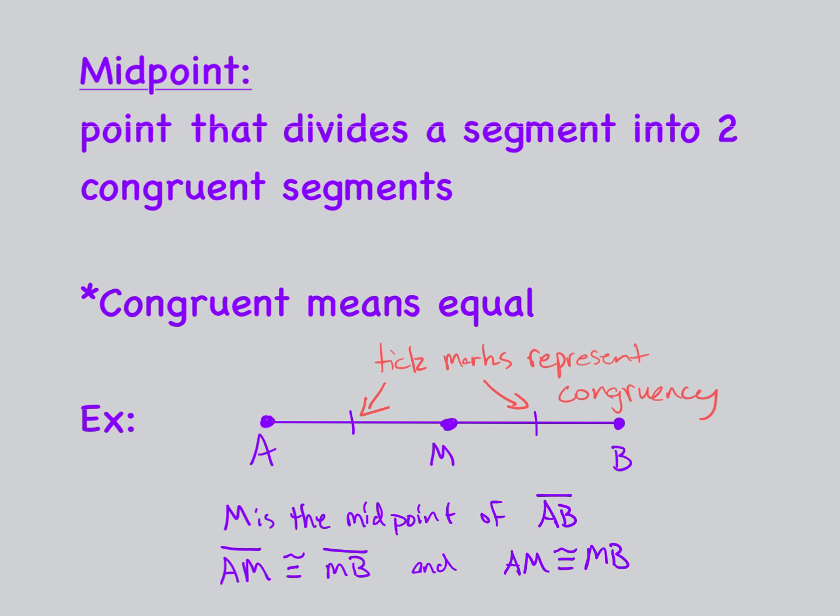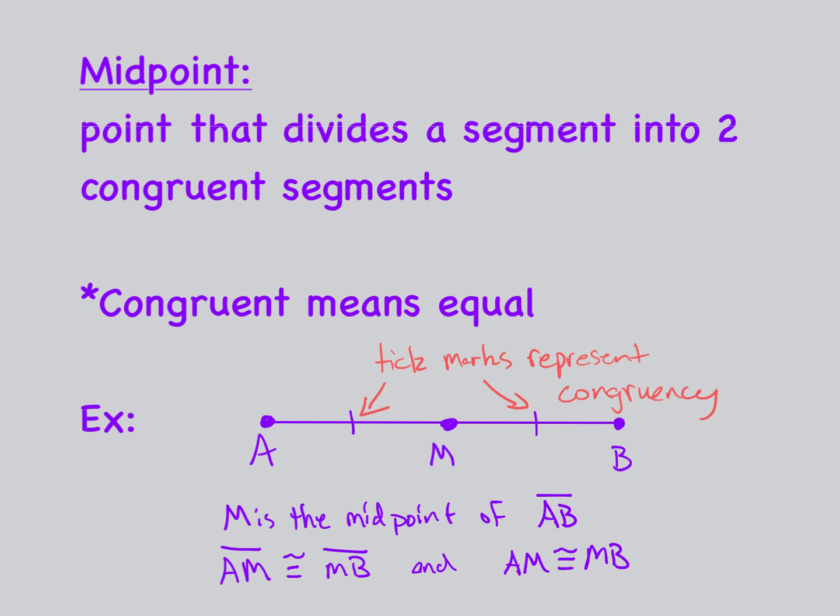Those tick marks represent congruency, meaning that if you see those tick marks, it's saying this segment and this segment are congruent with each other. They're the same length as each other. Okay? Anytime you see the tick marks. So in this case, M is the midpoint of segment AB. So that means that segment AM and segment MB are congruent with each other. They're the same length. Okay?